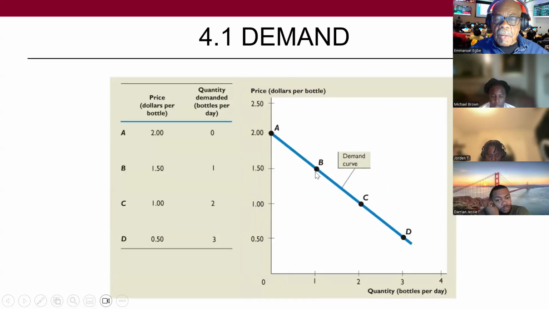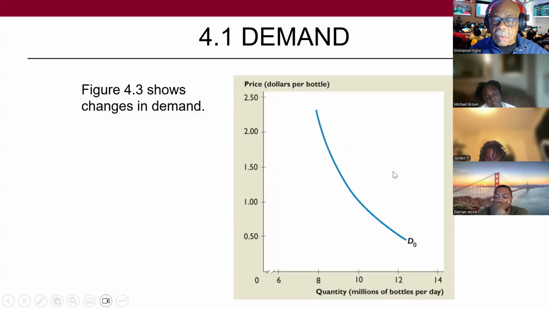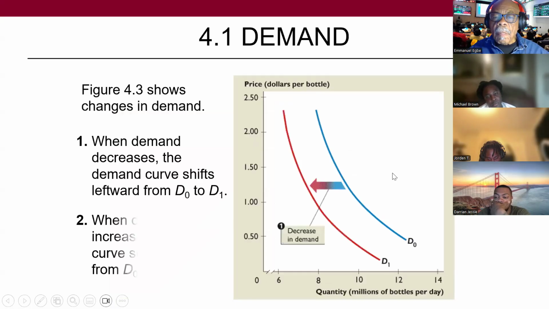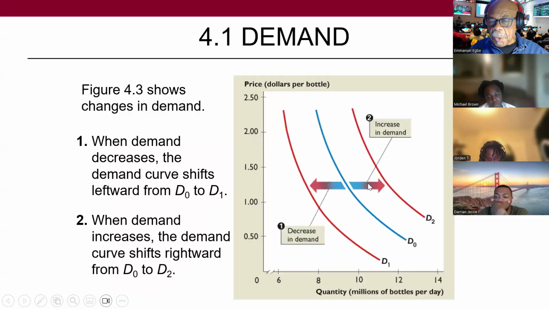At a price of $1.50, say if we're in B, here we have one apple at the price of $1.50. In the event that somehow we say that apples are good for health, then this demand curve will shift. This line that you see coming down here will move to the right. This is why we have this shift.